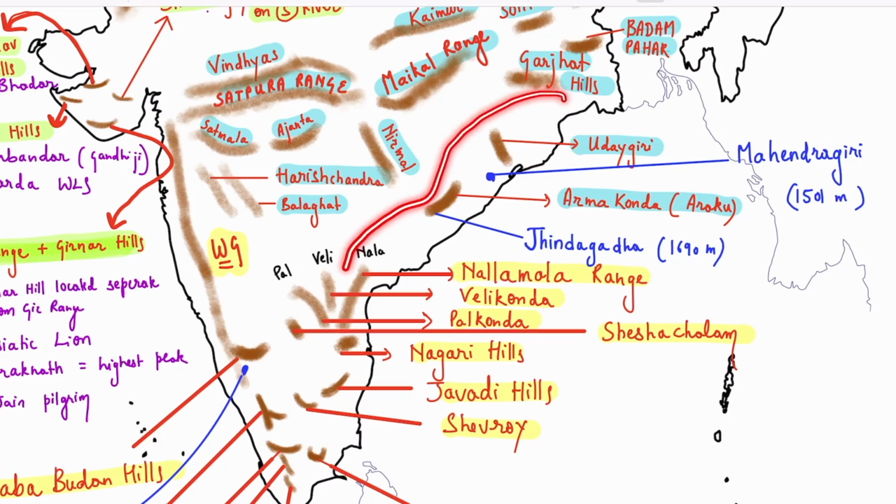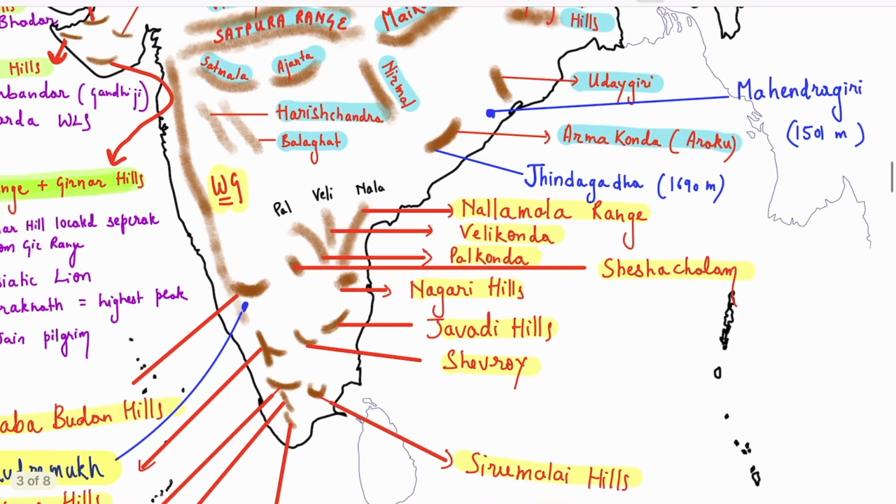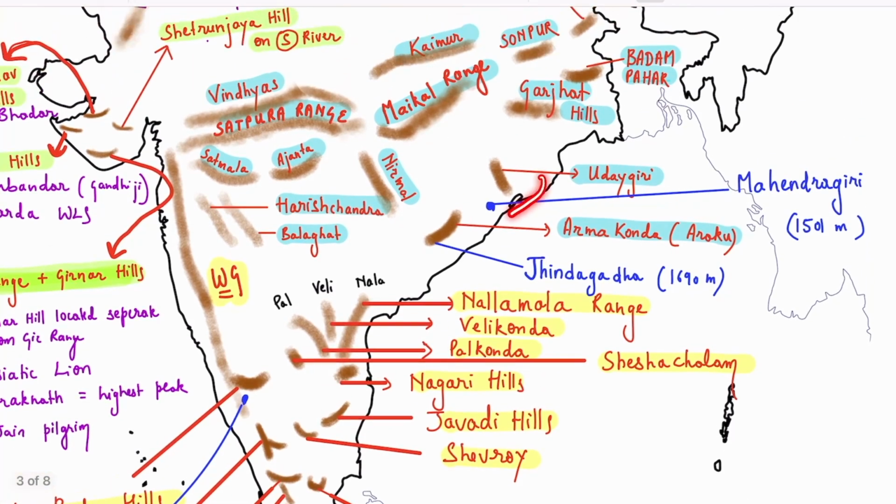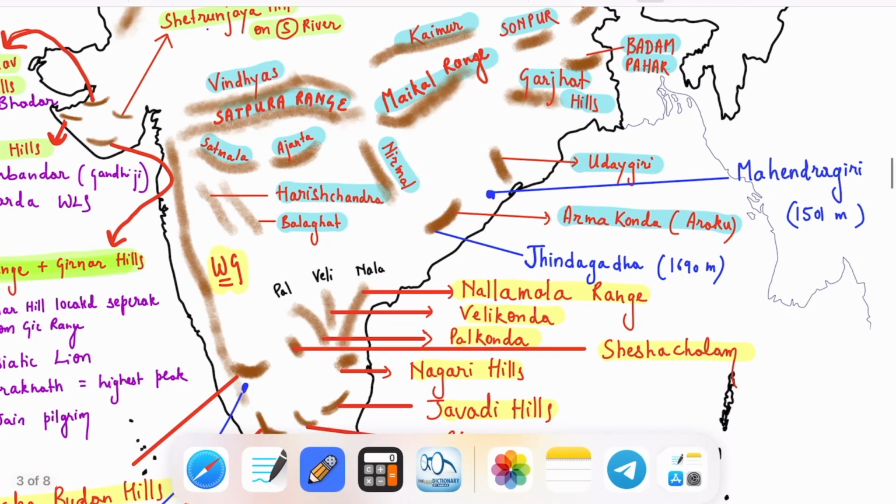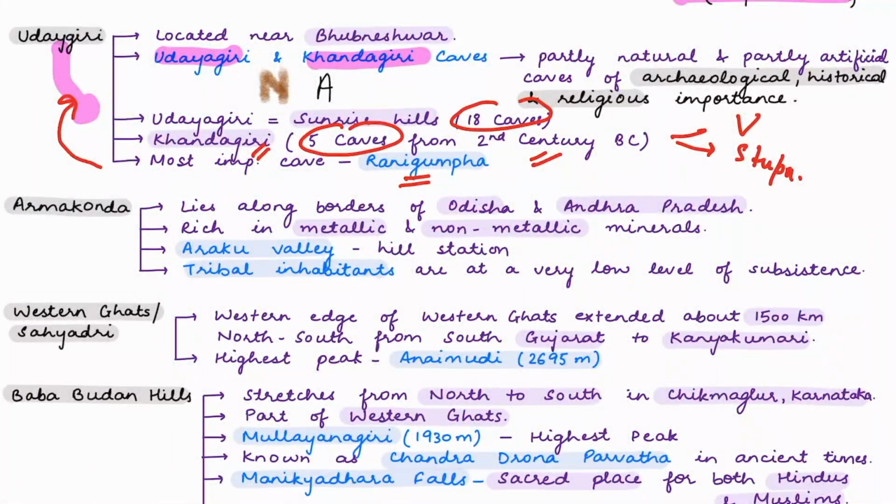Here, you see many such ranges which combined make the Eastern Ghats. I will come to all of them in a while. Now, just south of the Udaigiri, we have the Armakonda range, also called the Araku range sometimes.